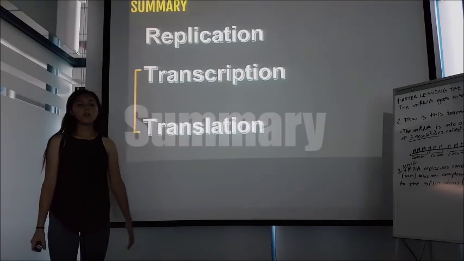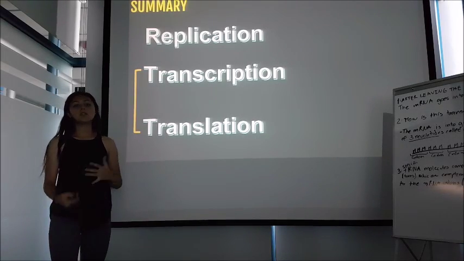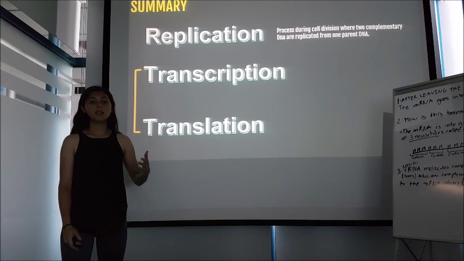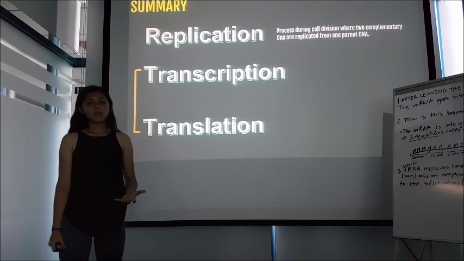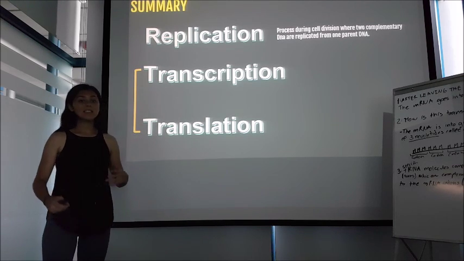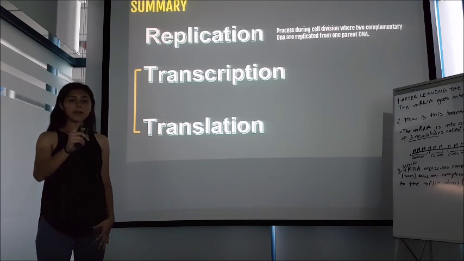This is a summary of these three stages that we just saw. Replication is the process during cell division or mitosis when two complementary DNA strands are formed from one parent DNA.